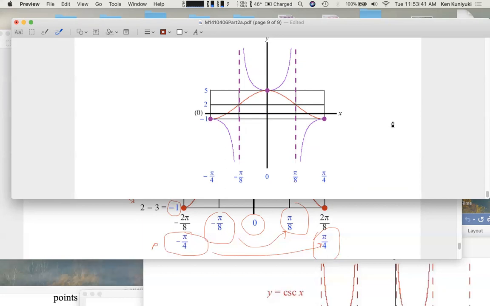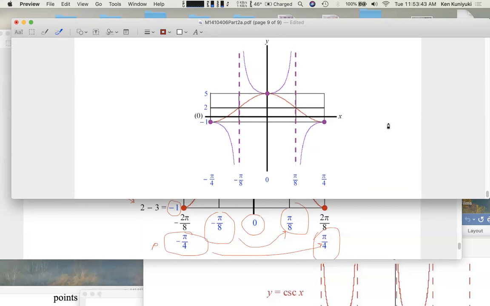And lo and behold, together with these coordinates, these axes, these labeled axes, if you look at the purple graph, together with the purple VAs here, we have a graph for one cycle of that secant function in purple. And the guide graph helped a whole lot.